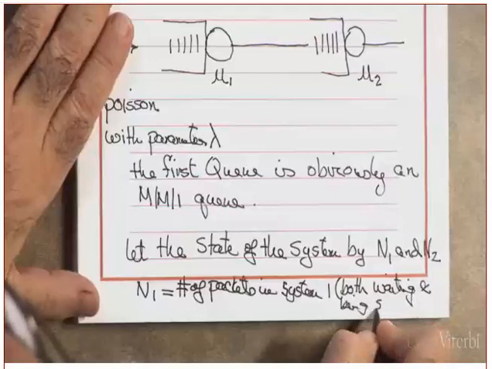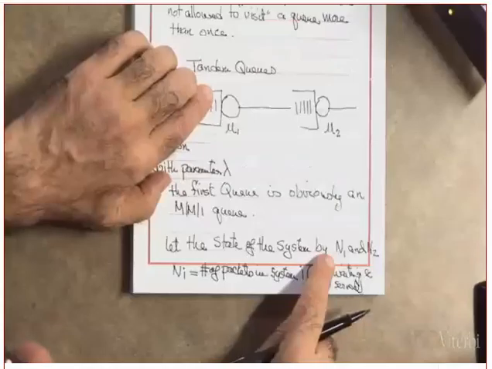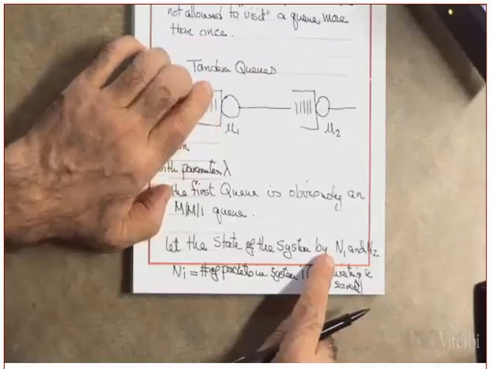What is the probability that N1 equals N and N2 equals M. Previously, when we were talking about a single queue, we were only interested in finding the probability of N equal to N, which is the number of packets in the system, both waiting and being served. Right now we are interested in finding the joint PMF. Why? Because we do have two queues.